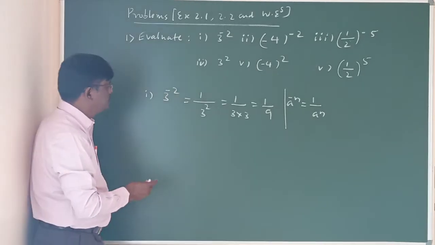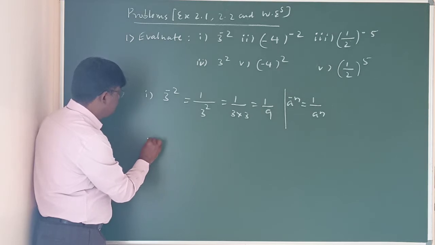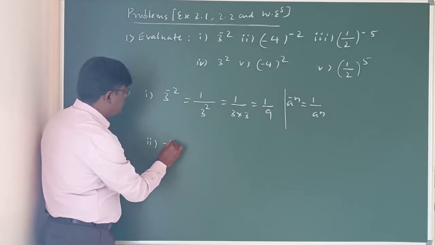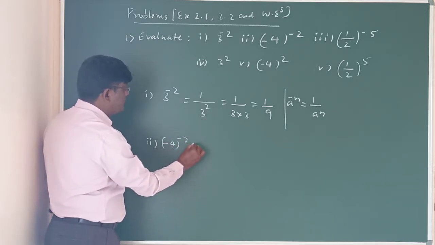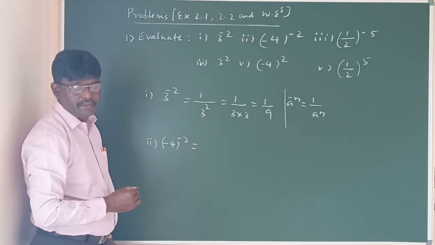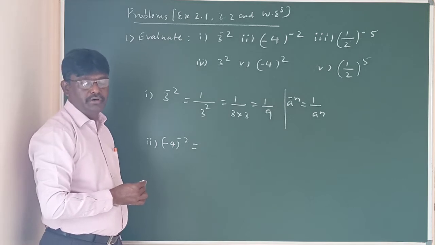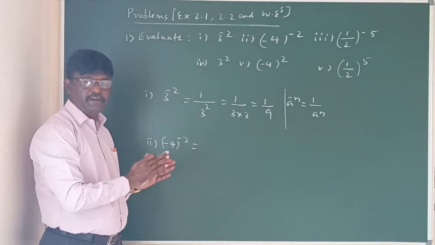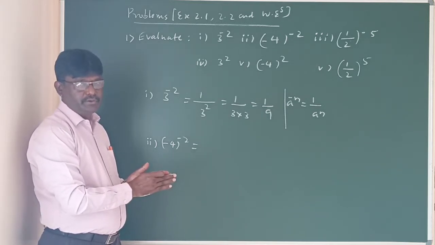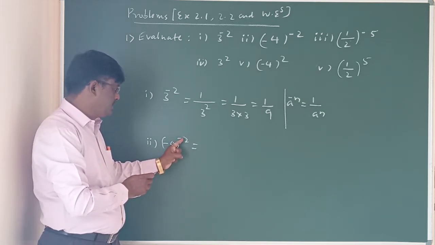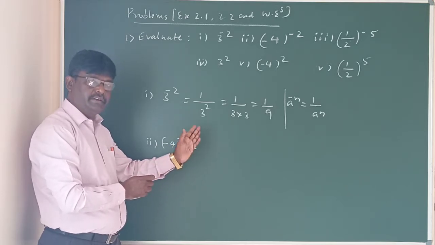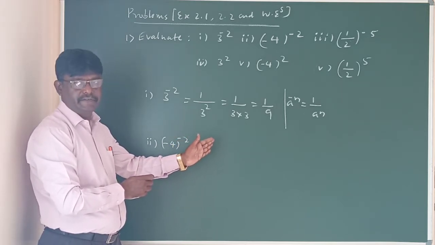Now consider the second one. Minus 4 whole power minus 2. Now we know the law of exponents with respect to positive integers. Children, if it is in positive square, then we say x into x, like the total x square.